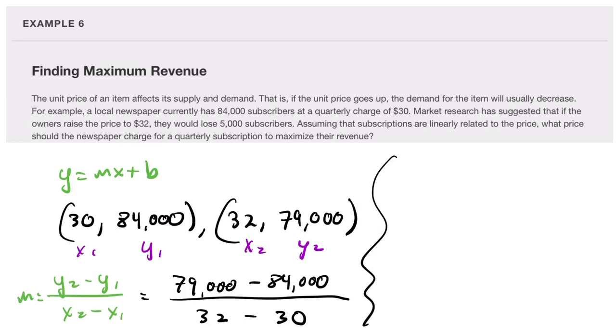That's negative 5,000 over 2. So that's negative 2,500 subscribers per dollar. Basically, they're saying we'll lose 2,500 subscribers for each dollar we increase the price.